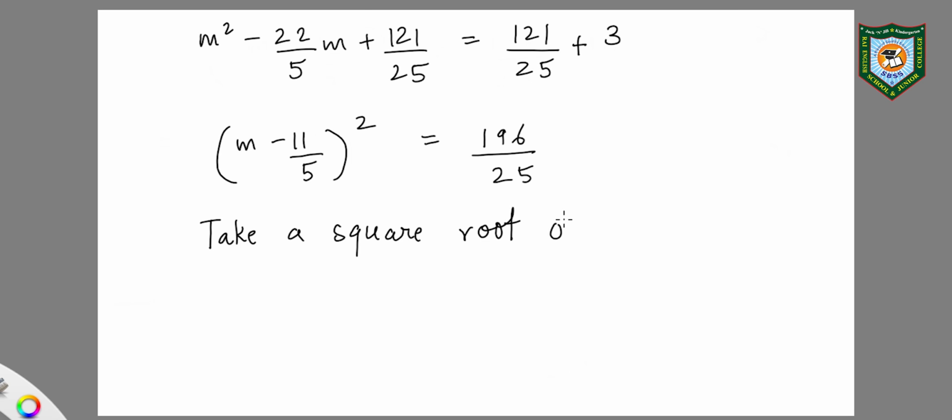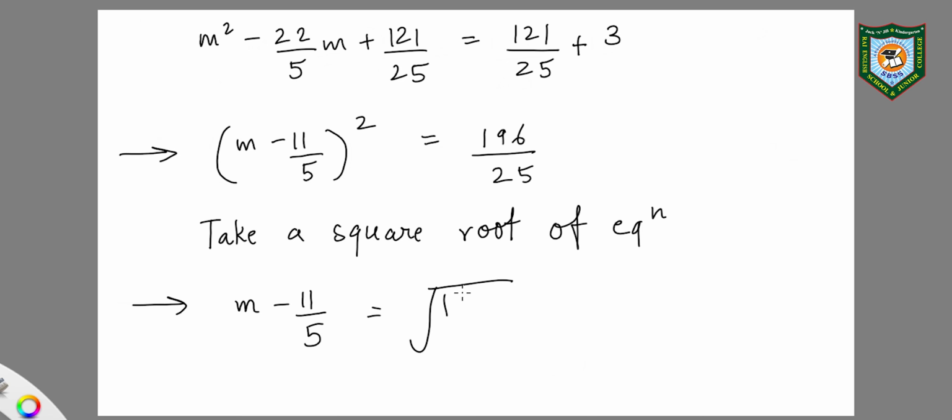Taking the square root of the equation, I have m minus 11 by 5 on the left, and under root 196 divided by 25 on the right.